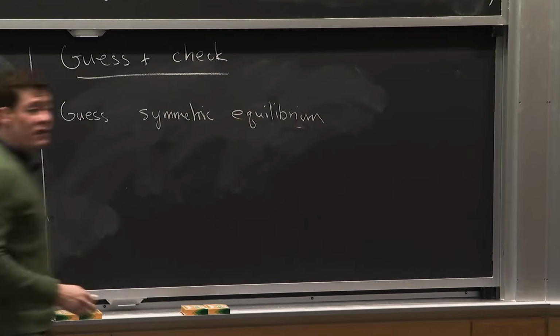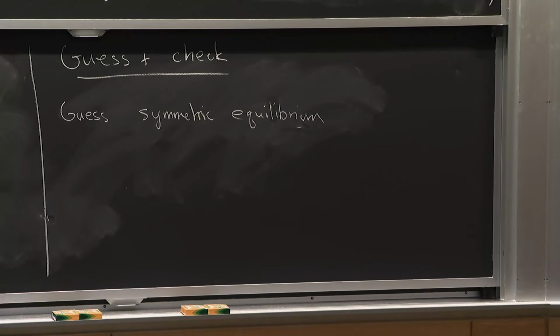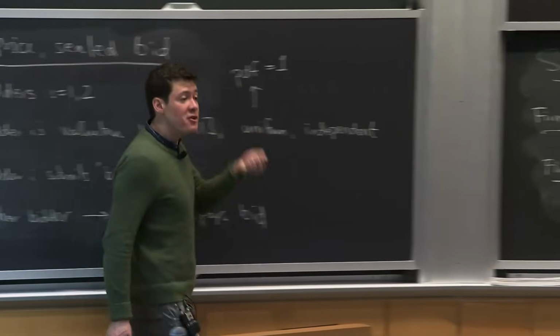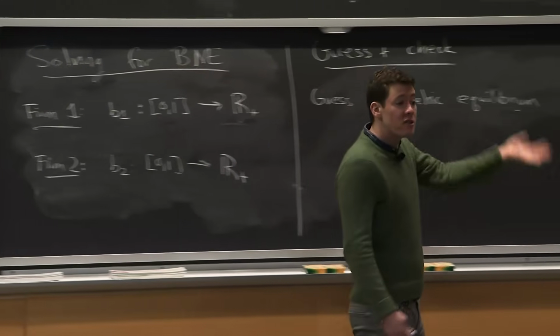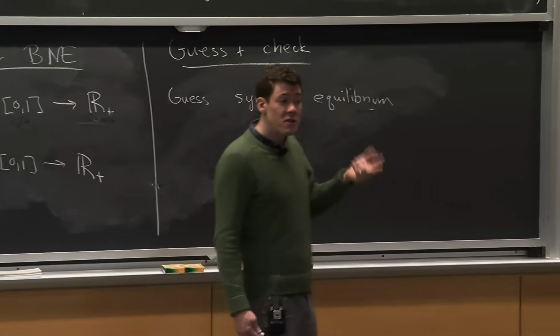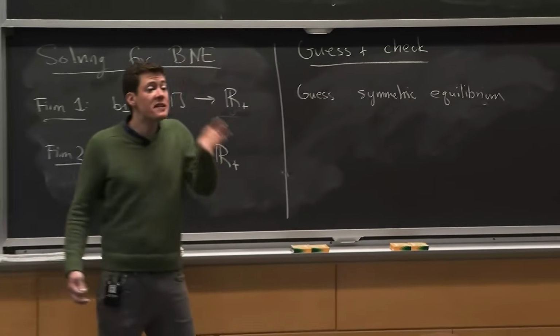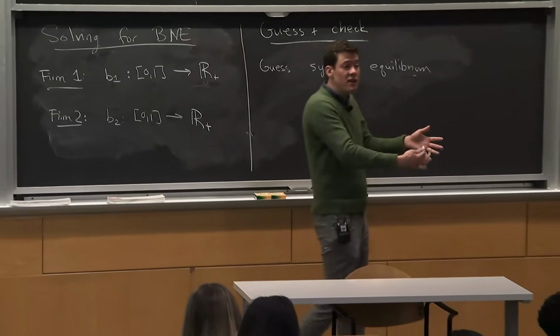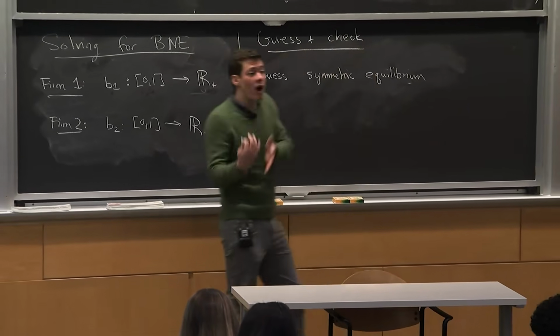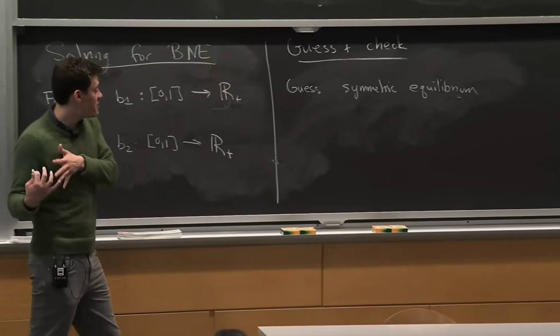I think it's pretty intuitive that the equilibrium will be symmetric here because the distributions of the valuations are symmetric. Now remember, symmetric doesn't mean the two players will always bid the same amount, because the two players may have different valuations for the good. What symmetric means is the two players use the same strategy, which means if player 2 had a valuation of 0.7, she would bid the same amount as player 1 would bid if she had a valuation of 0.7.